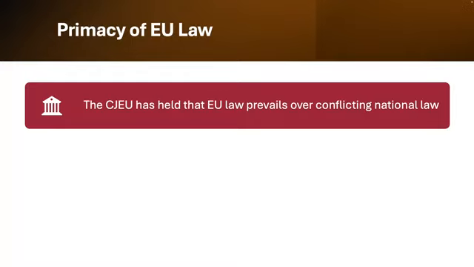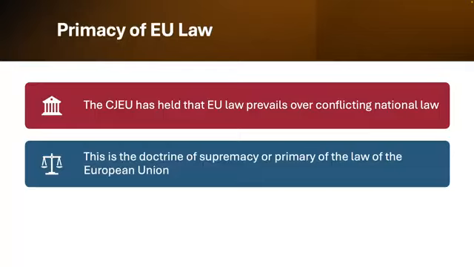The doctrine of supremacy or primacy is a core feature of this constitutional type order. An additional feature of this is the doctrine of direct effect. So not only does EU law prevail over conflicting national law, but individuals and organizations that are part of a member state of the European Union can sue to enforce EU law in the domestic legal system.